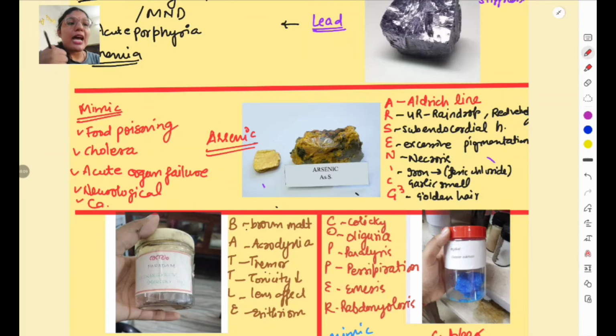So arsenic: A for Aldrich-Mees lines, R for rain drop pigmentation, red velvety appearance of stomach mucosa on postmortem, S for subendothelial hemorrhage, E for excessive pigmentation of palm and sole, N for necrosis, I for iron. Actually ferric chloride is the antidote for arsenic poisoning. C for then arsenic, G for garlicky smell, and G cube is golden hair. These are all the main clinical features you are going to see in arsenic poisoning.